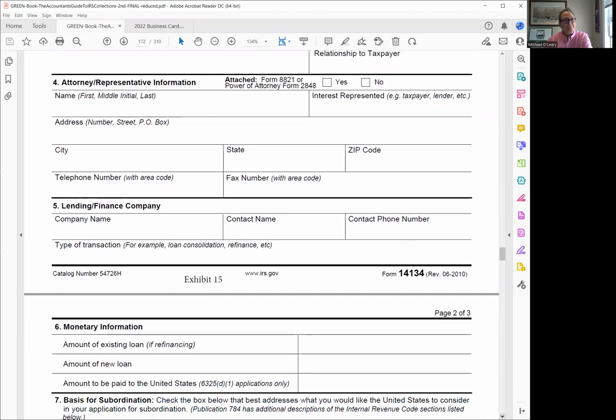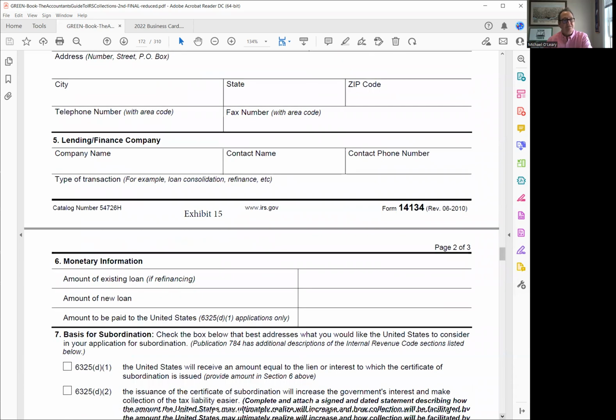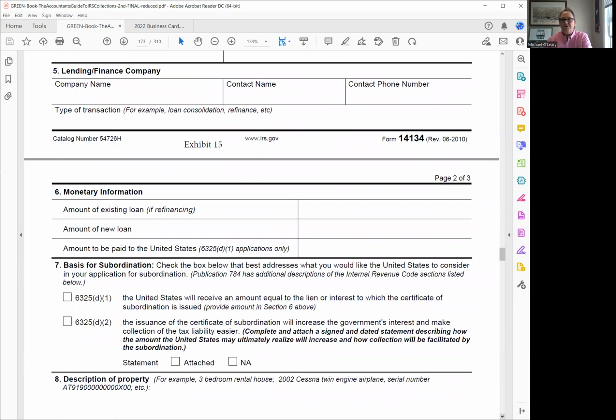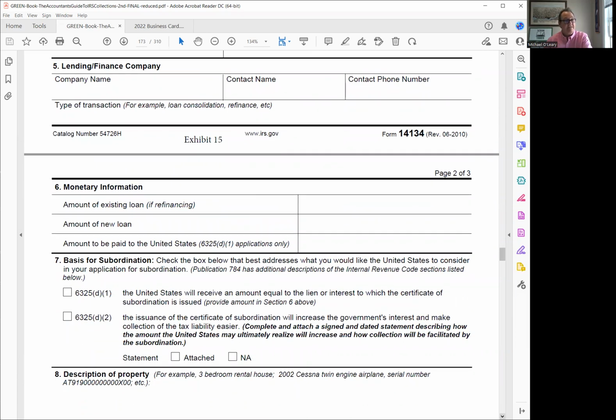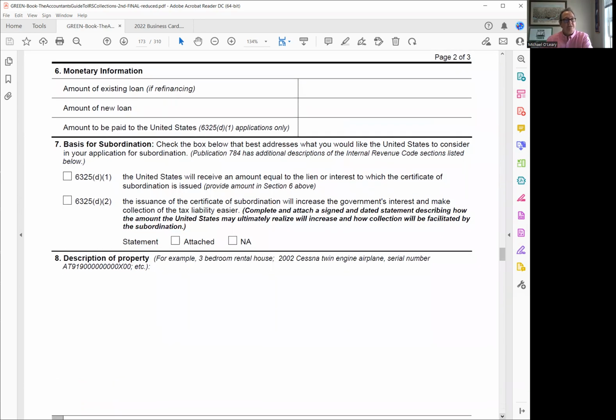Part 4 is the tax professional who's helping them file this. Part 5 is the information associated with the bank that's doing the refinance. Part 6 tells you how much is the existing loan and how much will be the loan associated with the refinance.